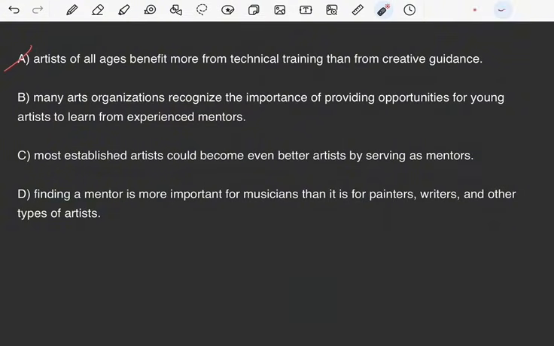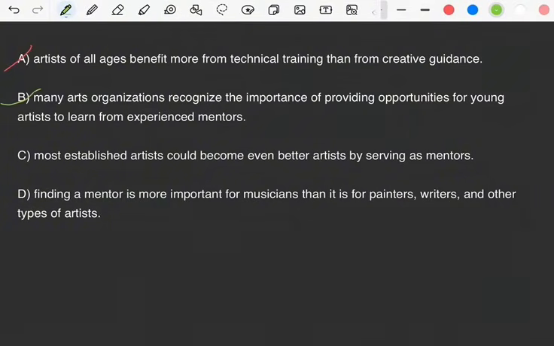They're suggesting that it has some value. Next is providing opportunities. Again, yes, that's exactly what they're doing. They are trying to provide opportunities to people. And to learn from experienced mentors, this is perfectly established as well in the passage, because the elder and expert artists are actually teaching the younger ones. So this quite frankly captures what numerous organizations are doing. So this is a very strong match for our correct option.